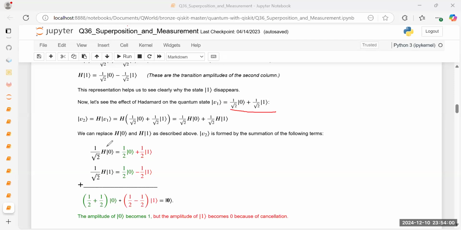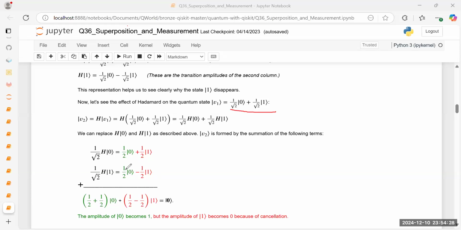Applying H to the 0 state, this is what we get. And applying H to the 1 state, this is what we get. We'll also multiply with these values. If you look, we have the 0 state here with only positive coefficients, while the 1 state has a positive and a negative coefficient.